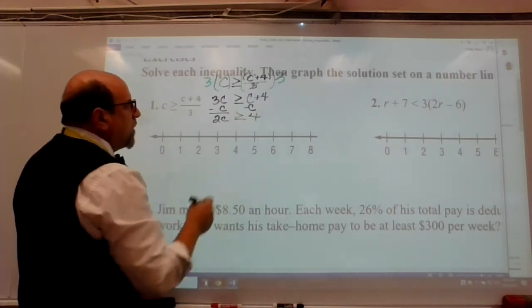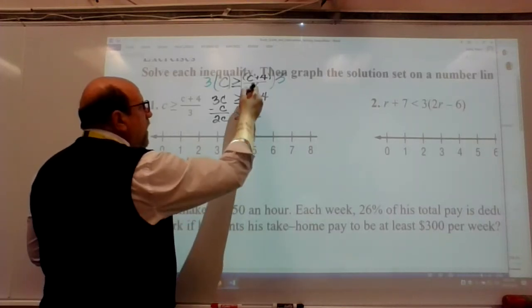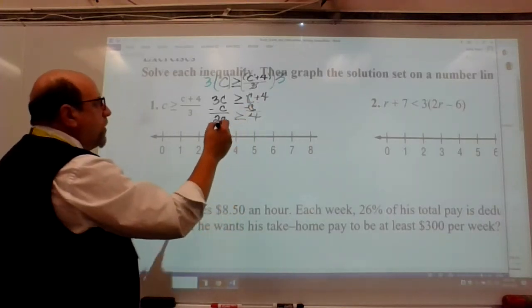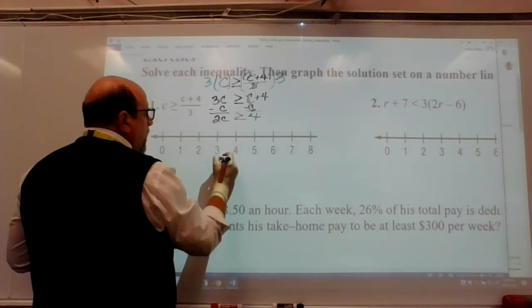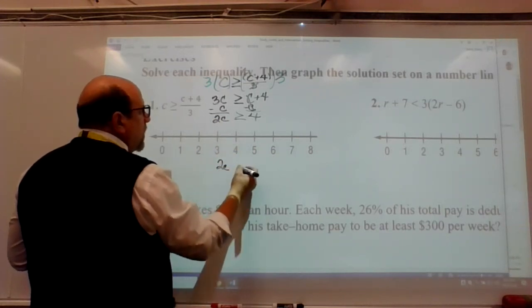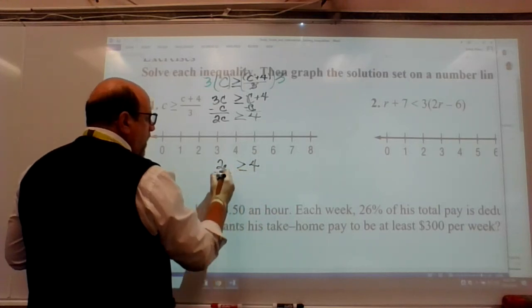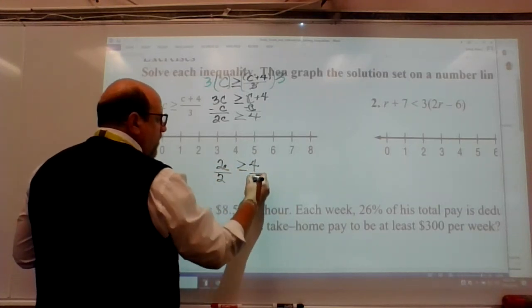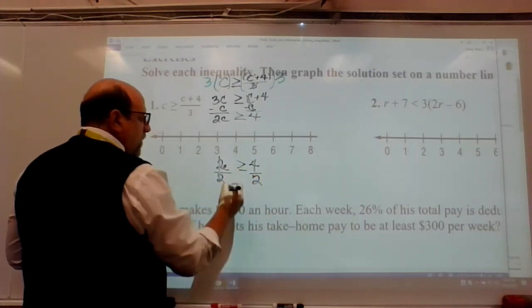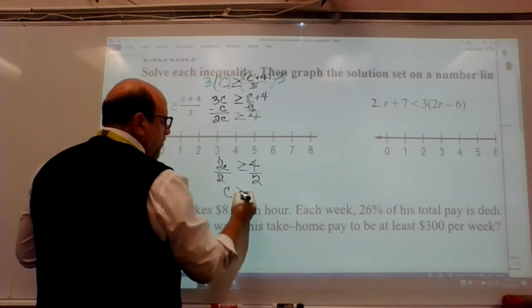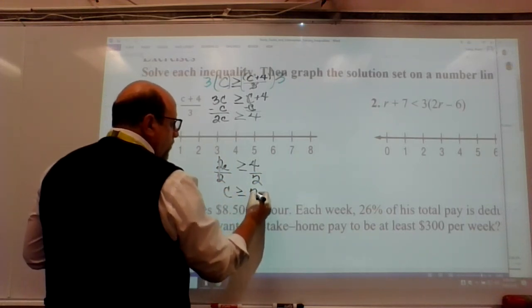I could leave the plus sign in there, that's okay. I'm going to shift way down here and rewrite it. 2c is greater than or equal to 4. I'm going to do my division underneath it, and looky there, c is greater than or equal to 2.